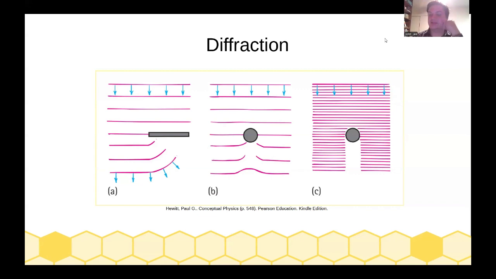So the reason that we use long wavelength radio waves when we're trying to communicate information over the airwaves, like FM and AM radio, is because you want these waves to not be interrupted too much by going around a building or over a car or something else that's relatively small compared to the size of the wavelengths.